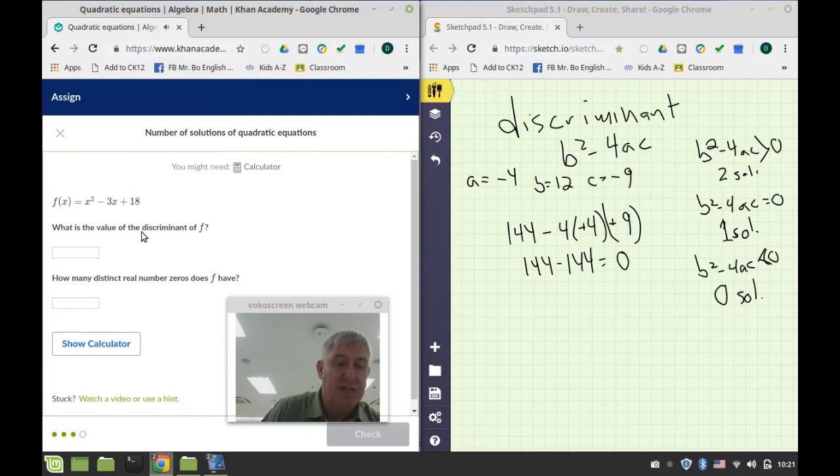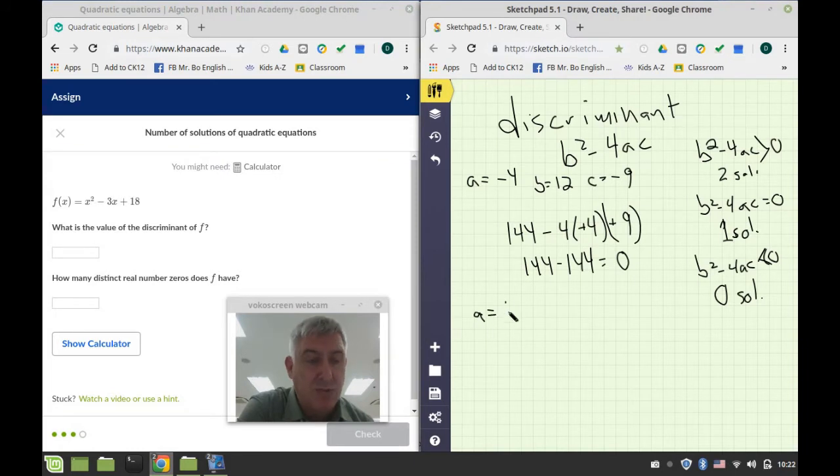And our last question here, what is the value of the discriminant of f? How many distinct real number zeros does f have? So what is the value of the discriminant? Let's find that. This is already nicely in standard form, so I can just find a equals 1, b equals -3, and c equals 18.